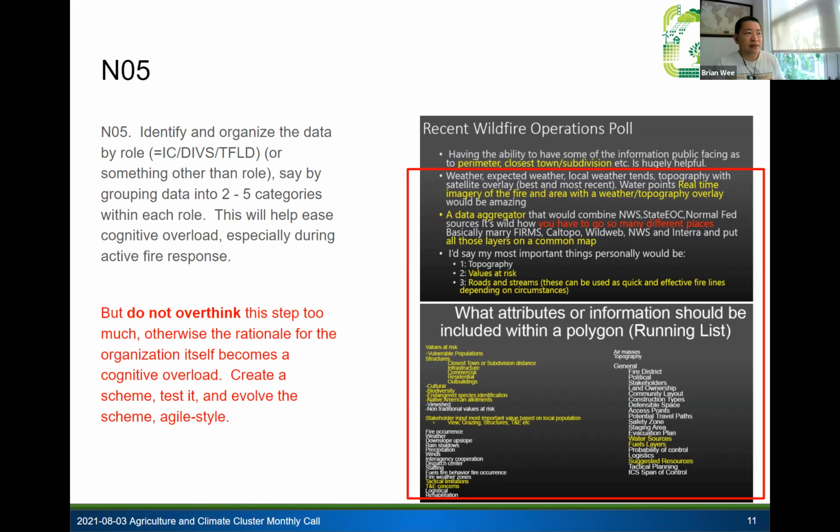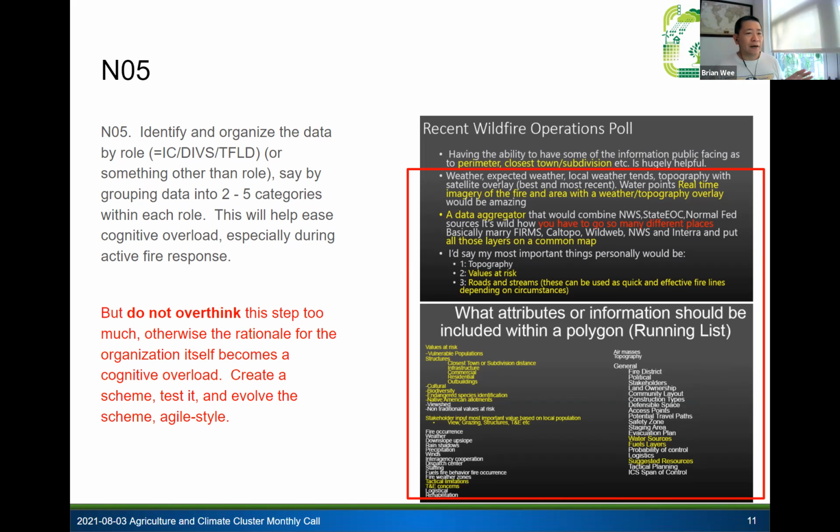But if user X switches to a different role, there'll be a different set of data. So that's something maybe I'll ask Dave Jones to keep in mind when you do a demo of geo-collaborate, to see if your other users from NOAA and FEMA have had this need to pre-stage a bunch of data, but that data may be different if the person switches to a different role.